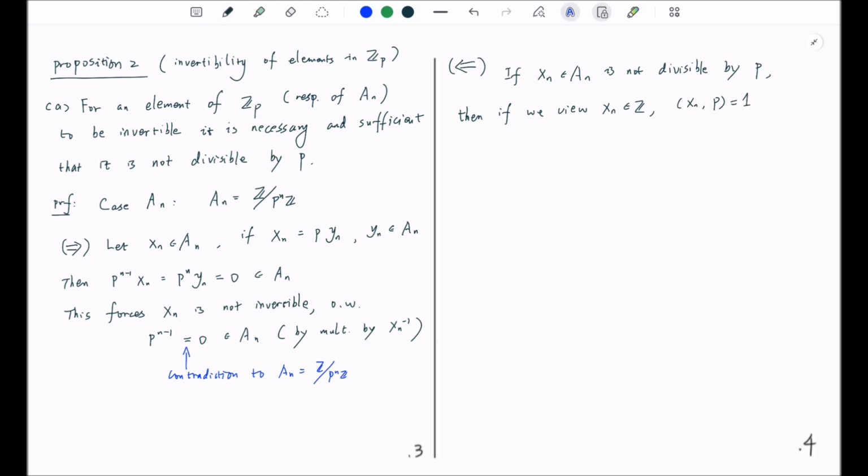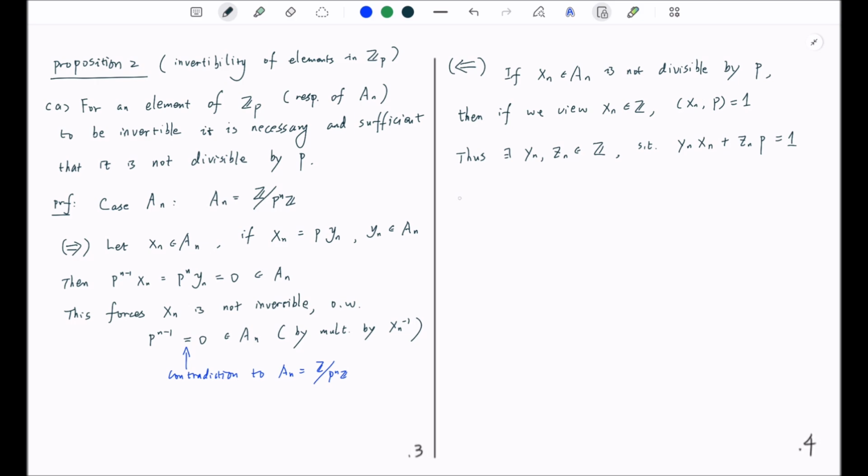And by elementary number theory, you know there exist integers y_n and z_n such that y_n x_n plus z_n p is equal to 1. This is the so-called Bezout's theorem.